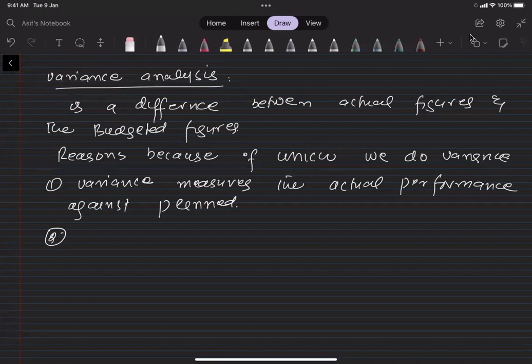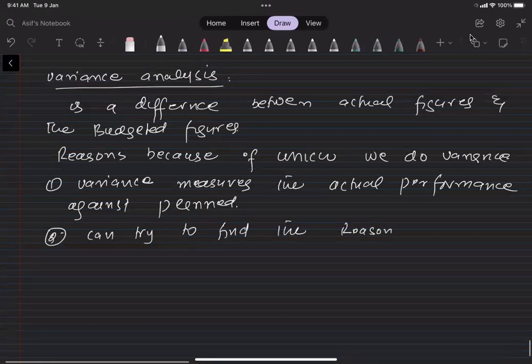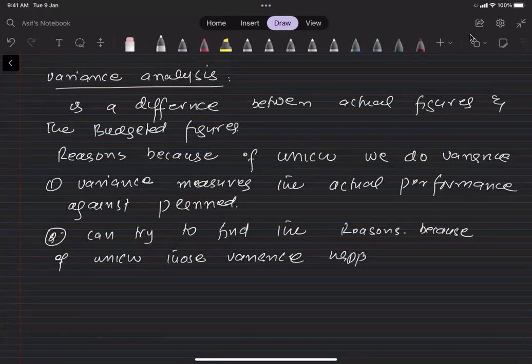Finding out those reasons can help us to make more realistic budgets in the future, and to quote more realistic figures in the future.